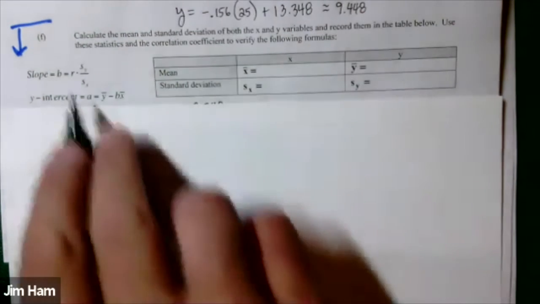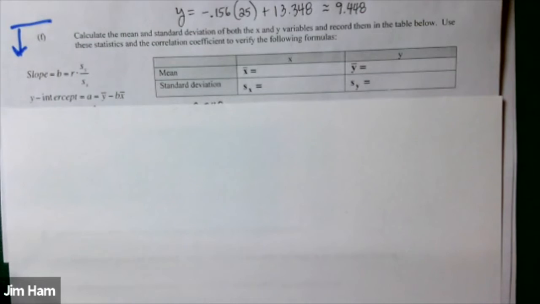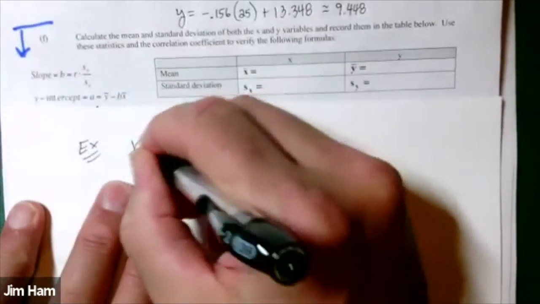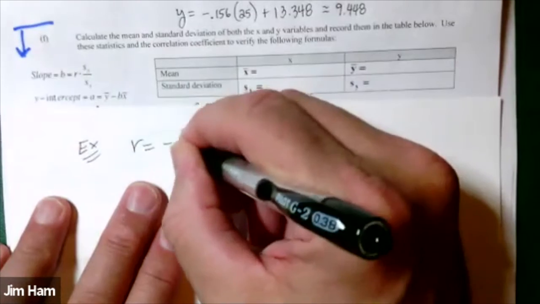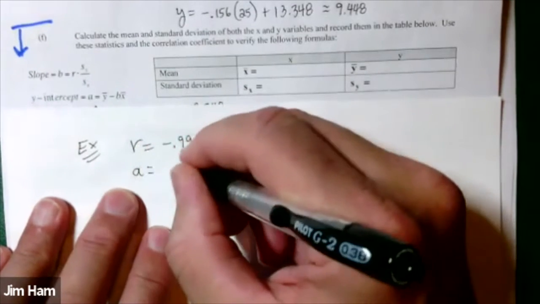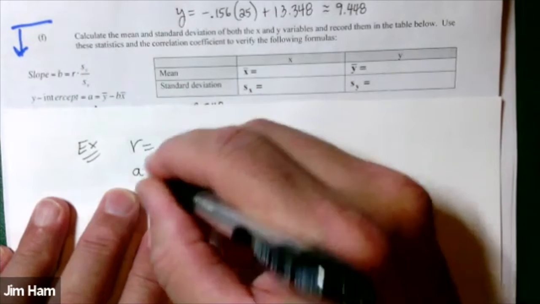But they give you a couple of formulas here to confirm. So what I want to do is an example where r in this problem was negative 0.991.